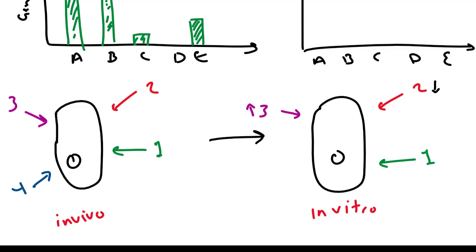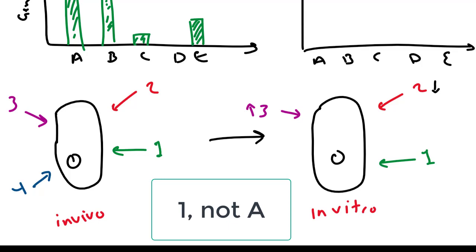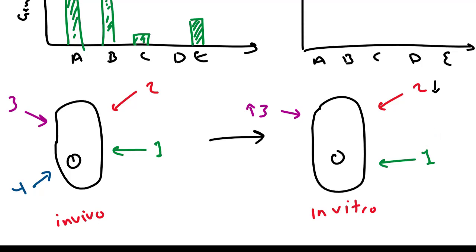Imagine that the signal A coming into the cell, right here, leads to expression of E. This leads to E being expressed. Now, this is fine because it's getting the same level of signal in both cases. But imagine that 2 leads to B being expressed.